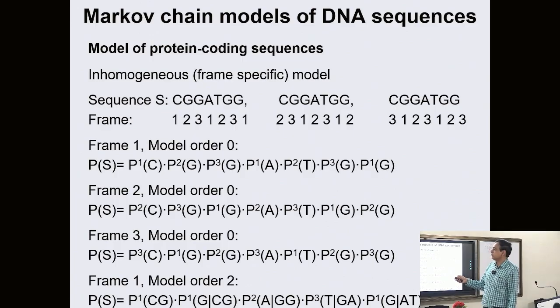Then making a transition to G: probability of G given CG. What is the reference position? 1, right? You are still considering this trinucleotide, so reference position is 1.